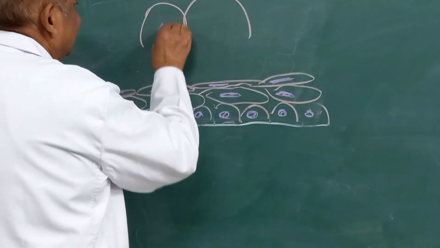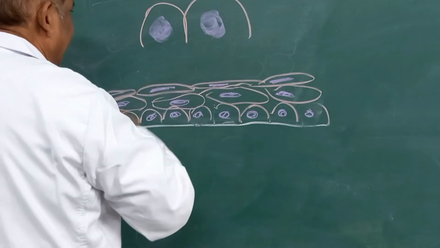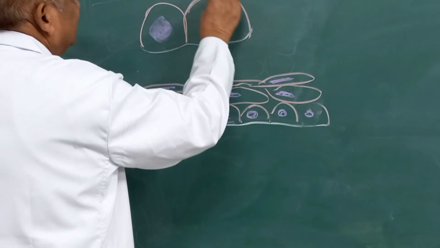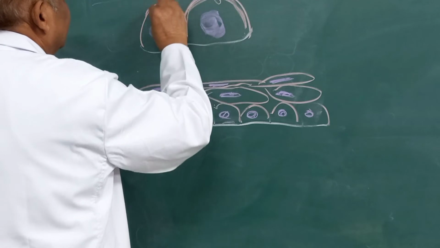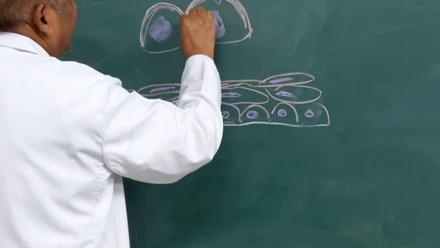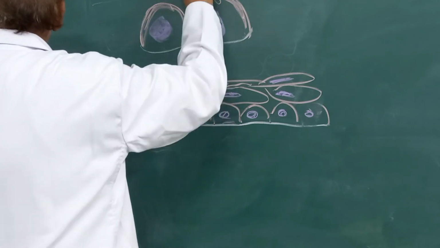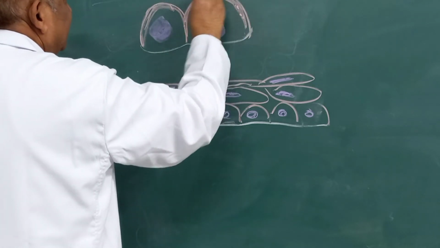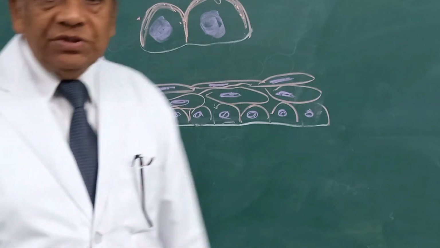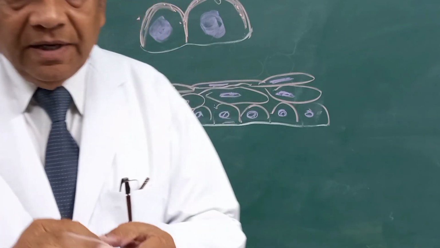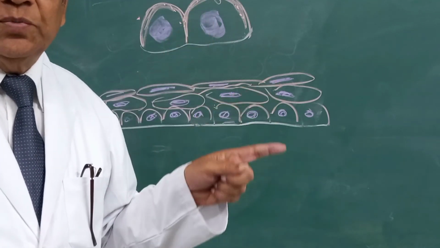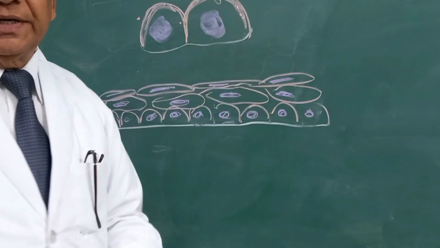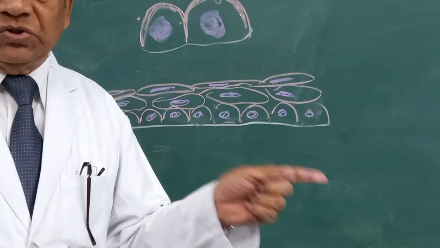The apical surface of the epithelium shows thickening called plaques. There are many plaques, and this thickening is due to the deposition of glycoprotein secreted by the Golgi apparatus into the cell membrane close to the apical surface.